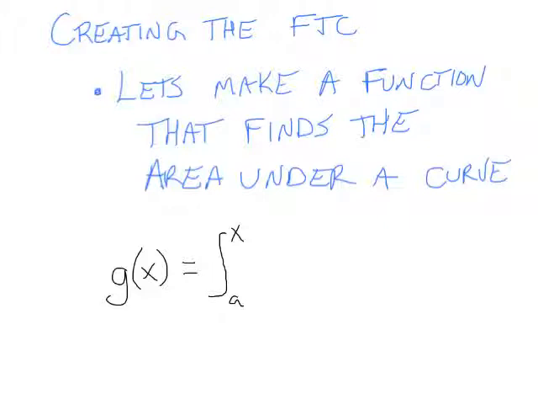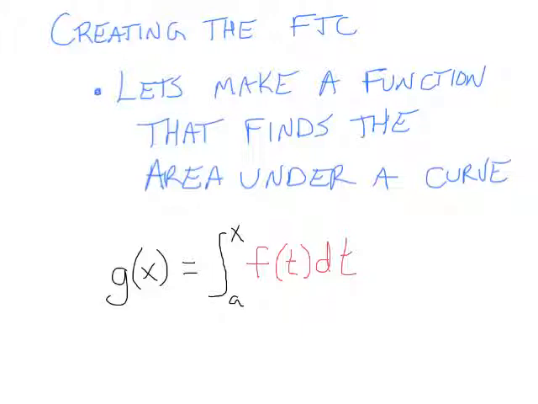We want to take the area under the curve of some other function, maybe we'll call it f, and the curve is drawn with respect to t. So what we have here is a function which represents the area under the curve f.